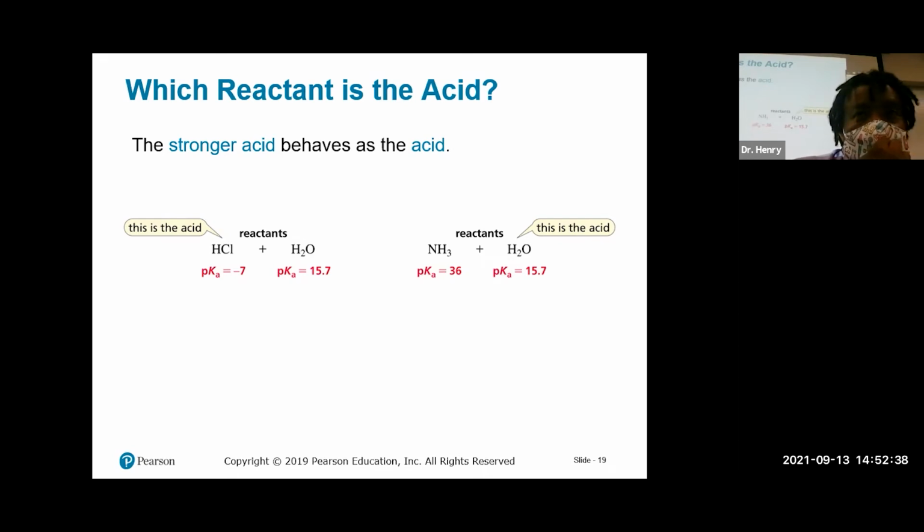Okay, so that means that it's going to be accepting the electrons. Does that make sense? Okay. So if it has a higher pKa, then it is a base. Then that means the other guy's going to be the acid. Okay.